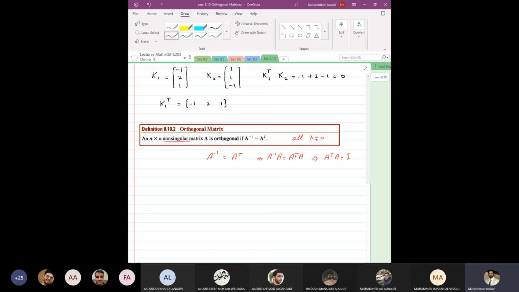So a matrix times its transpose, and it is not only this, also A times A transpose, because it is equal to identity and the transpose of identity is the same. So we can also say that A times A transpose is identity, or a matrix times its transpose is identity. So it is an orthogonal matrix. This is what we conclude from this definition also.